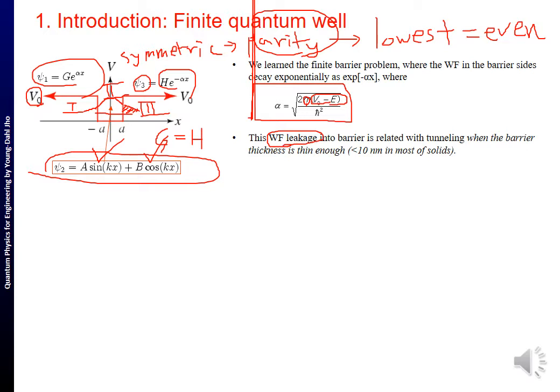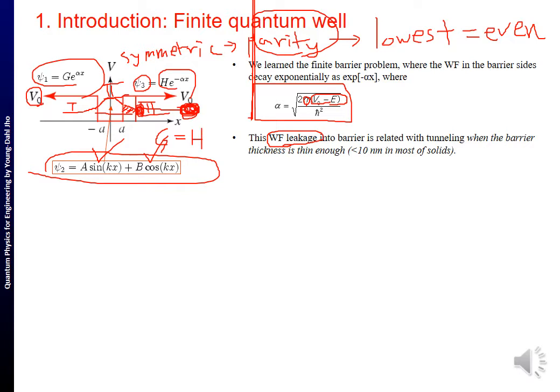It's related to tunneling when the barrier thickness is thin enough. Previously we considered an infinitely thick barrier, but if it happens to be thin like this, if it stops here, for example, then part of the wave function goes through the barrier and gets out of the barrier, and carriers can move freely in this region.